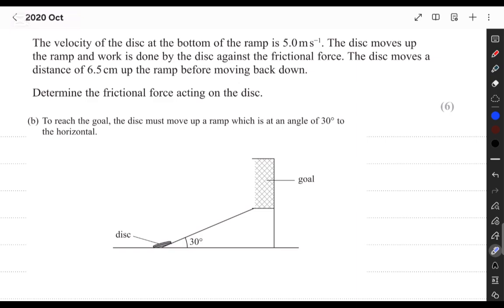Work is done by the disk against the frictional force. So basically, the disk is moving up, it's doing work against the frictional force. And then it says the disk moves a distance of 6.5 centimeter up the ramp before moving back down.